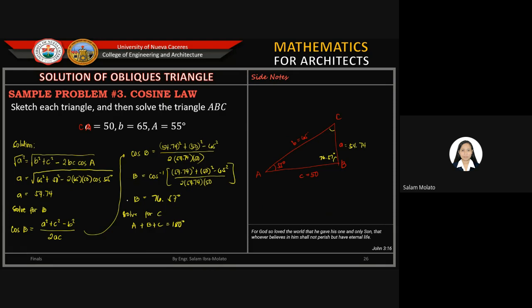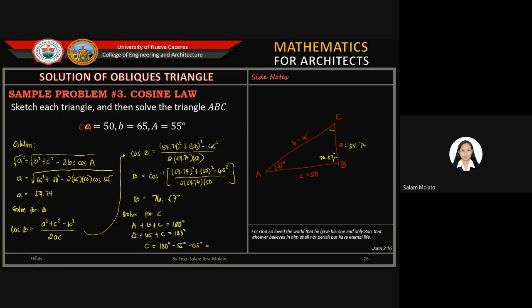So A is 55, B is 65, plus C is 180 degrees. C is equal to 180 degrees minus 55 degrees minus 65 degrees. I'm sorry, class.